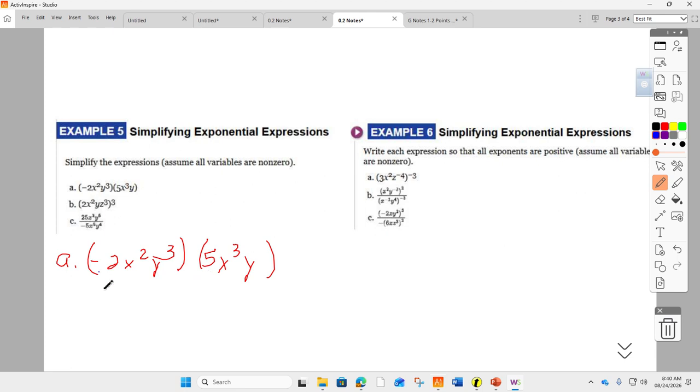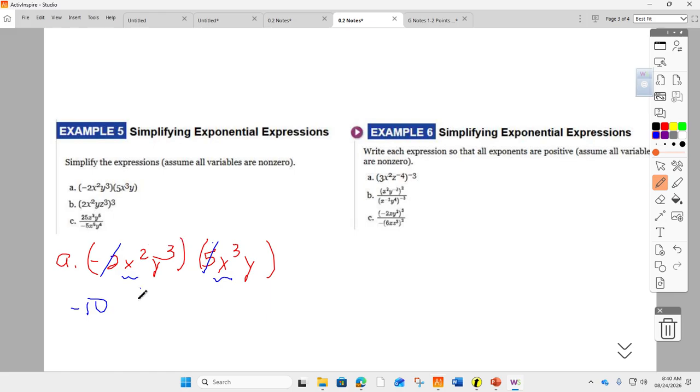So constants, we know we can definitely always multiply constants. So we're going to start with -2 times -5 is -10. I always cross them out once I've simplified it so I make sure it gets included in my answer. Like bases, x's and x's. Remember, when we multiply like bases, our shortcut is that we can just add their exponents.